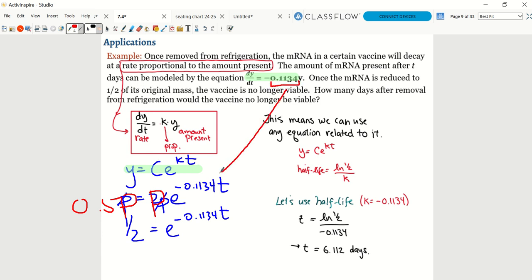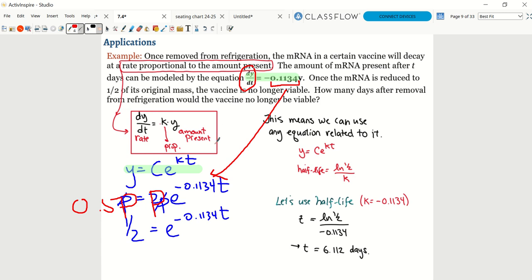They just disguised it there, and you just put it there. That's your rate. That's literally what derivative means, rate of change.